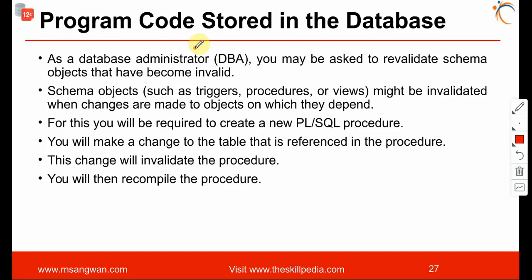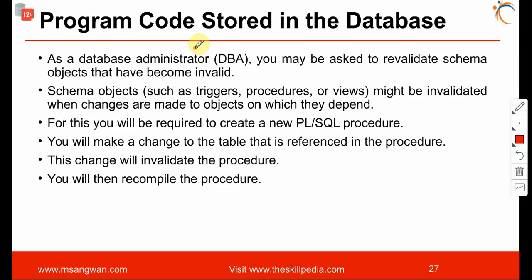And due to that change, don't you think it is possible for the procedure, for the program, to become invalid? For example, you have taken a column and the column is dropped. You have changed the data type of a column, so the trigger will go invalid, right? Or the procedure will go invalid, correct? This is the point. So you need to validate it.